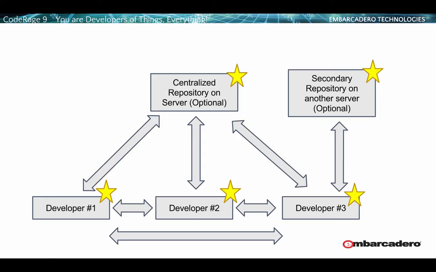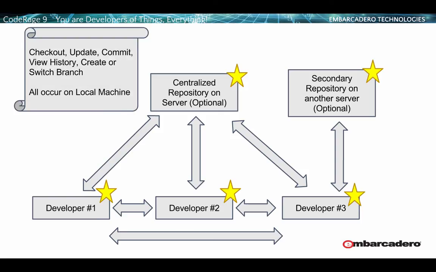If you put a centralized repository, say, on a server, that would also have a full copy. You could have multiple servers, and they also can communicate. You have many options here as far as how you communicate.